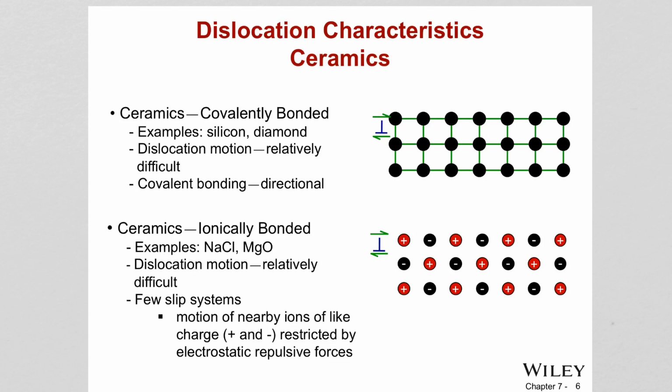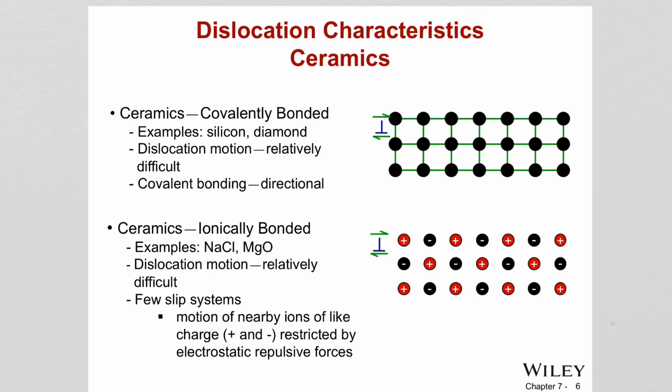It requires a lot of strength to get over these strong atomic bonds. And we also know covalent bonding is directional, meaning atoms sometimes need to approach each other at only certain directions, right?